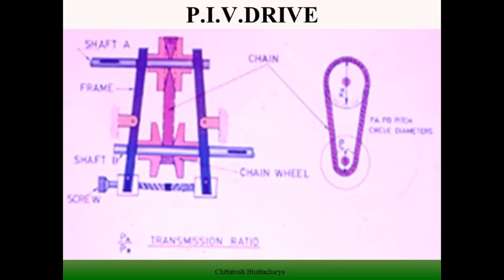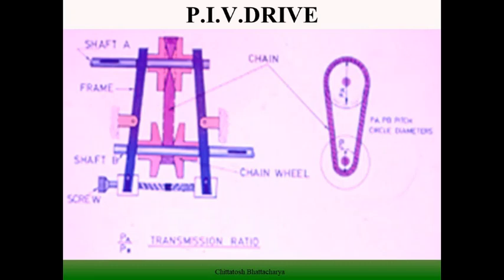When there is a requirement of change of speed, with respect to the pivot point, the position of these bevel gears is shifted. As a result, the contact diameter of the PIV chain on the bevel gears changes, so naturally the speed is getting changed.